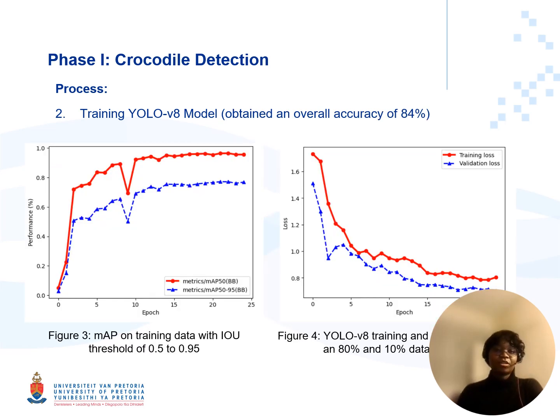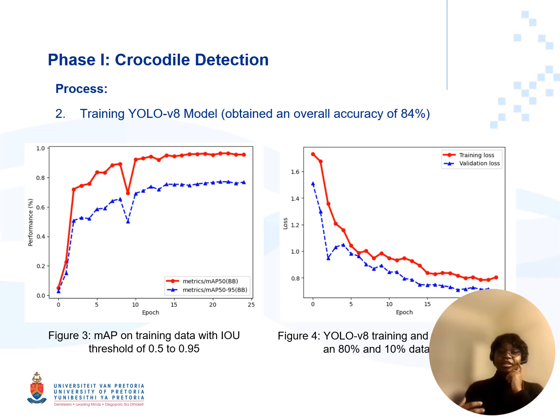We used something called mean average precision, or mAP, to evaluate our initial results. This is a common method used for object detection tasks such as ours. mAP is calculated based on something called intersection over union, or IOU. Now, think of IOU as a way to measure how much our model's predictions overlap with the actual truth.